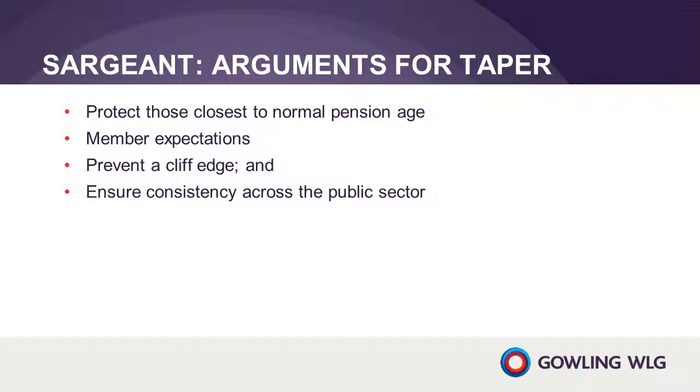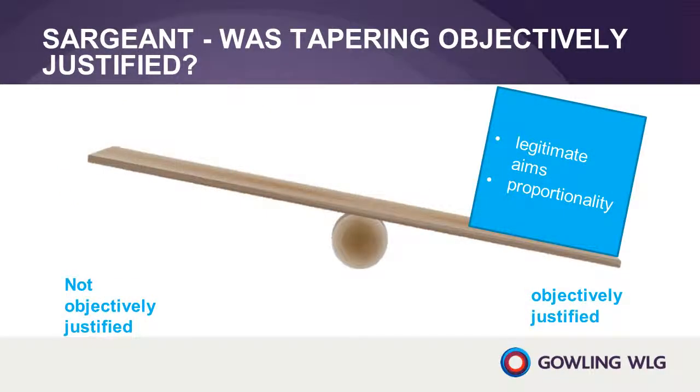There was a more coherent rationale, so there were 4 reasons put forward as legitimate aims: protecting those closest to normal pension age; member expectations, so members would expect that their pension entitlement wouldn't change significantly when they were close to retirement; preventing a cliff edge between the protected and the unprotected groups, which the taper would achieve; and also ensuring consistency across the public sector, where similar changes were being made to the other pension schemes. As such, the government argued in Sargent that the aims were legitimate and the means adopted were proportionate.